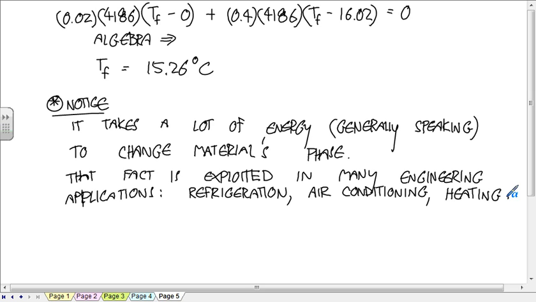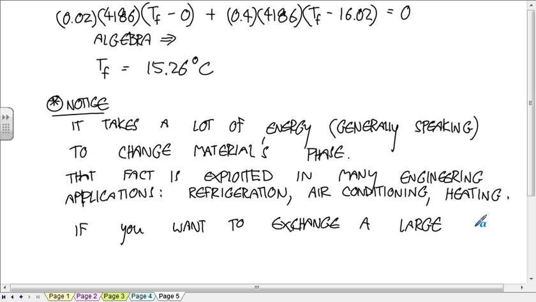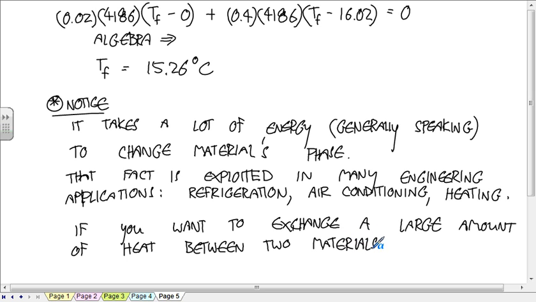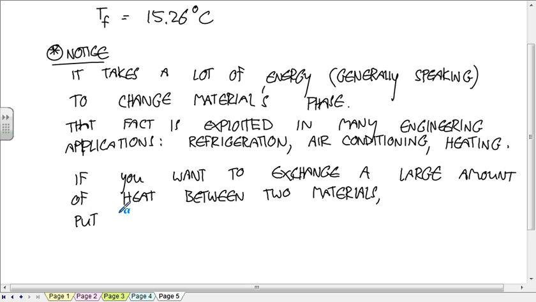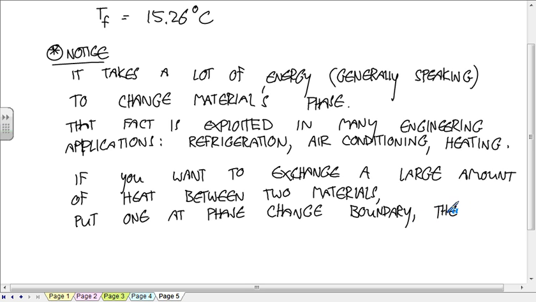The idea is if you want to exchange a large amount of energy, a large amount of heat, between two materials, which is what you're trying to do in all of these cases, put one at its phase change boundary, and the other one, which is a different material that doesn't have the same phase change boundary, at a nearby temperature.